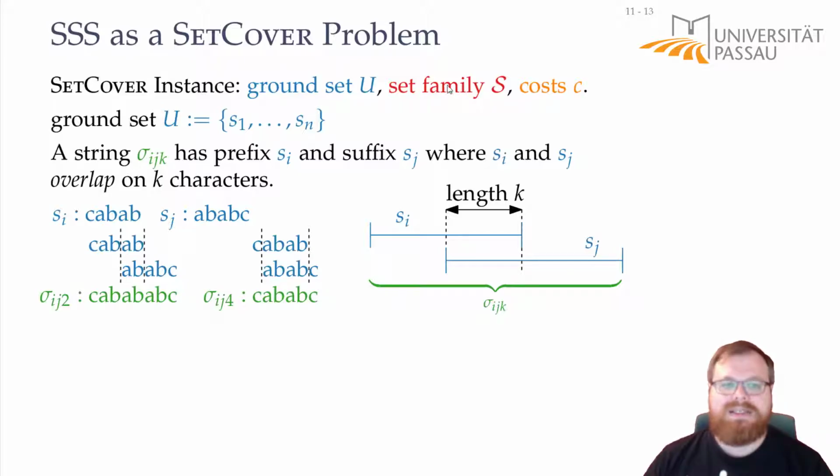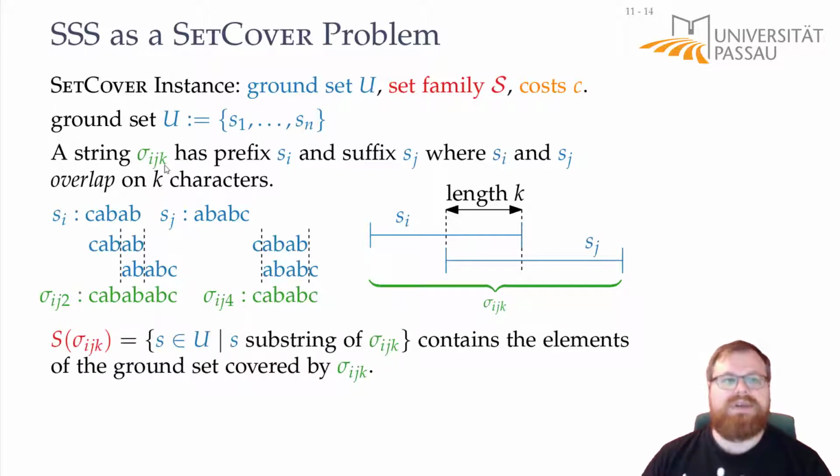What we still need is to define what strings are covered by these superstrings. This is quite easy. If you give me one of those, then we just take all the strings of our input, of our ground set, that are a substring of the sigma ijk. So S contains all the elements of the ground set that are covered by sigma ijk.